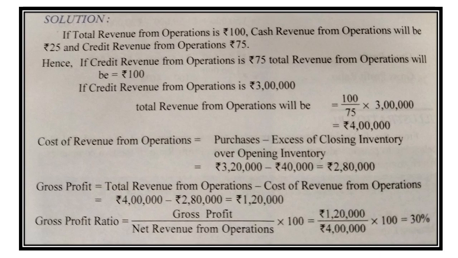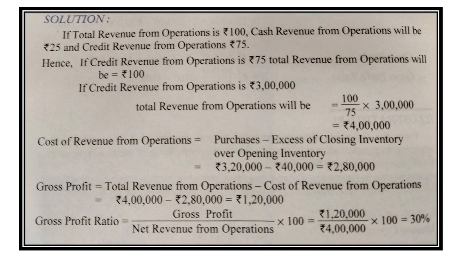Now see, the gross profit is rupees 1 lakh 20,000, that is rupees 4 lakh minus rupees 2 lakh 80,000. Gross profit ratio is gross profit divided by net revenue from operations into 100. It is rupees 1 lakh 20,000 divided by rupees 4 lakh into 100, that is 30%. Gross profit ratio is 30%.